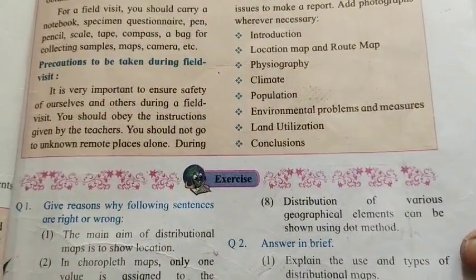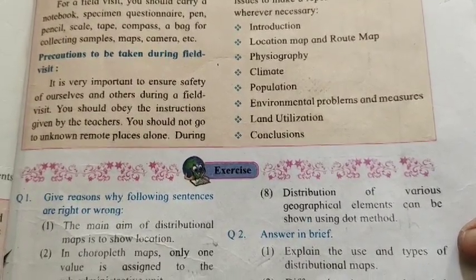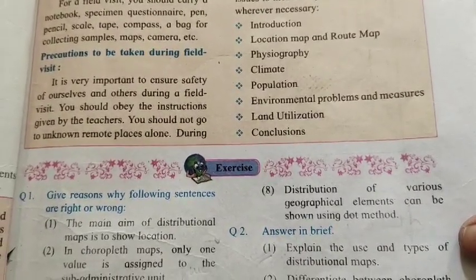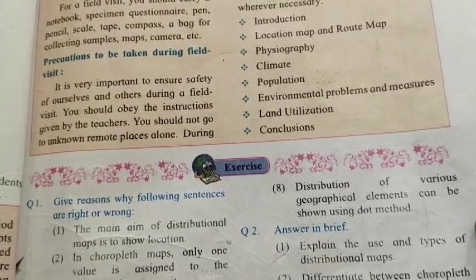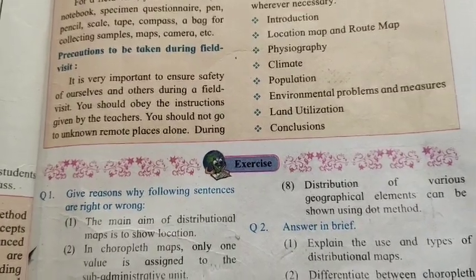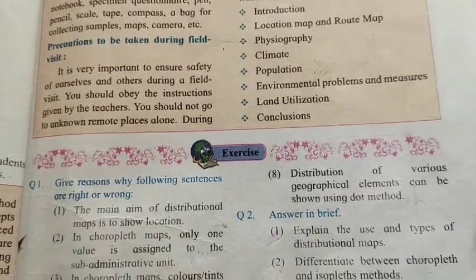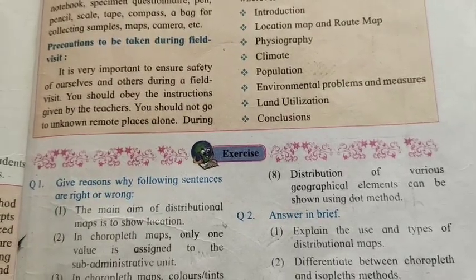Distribution of various geographical elements can be shown using dot method. So now the answer is wrong. Distribution of single variable can be shown using dot method.